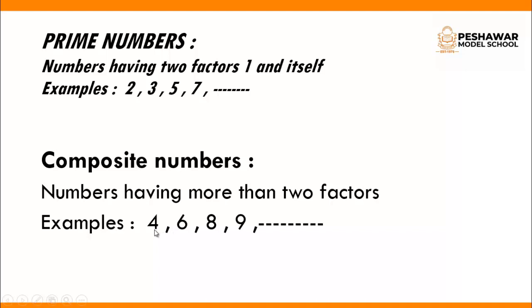Because it has more than 2 factors. 4 is divisible by 1: 1 4s are 4. 4 is divisible by 2: 2 2s are 4. And third, 4 is also divisible by 4: 4 1s are 4. That's why this is a composite number. So the numbers having just 2 factors, 1 and itself, are prime numbers, and the numbers having more than 2 factors are called composite numbers.